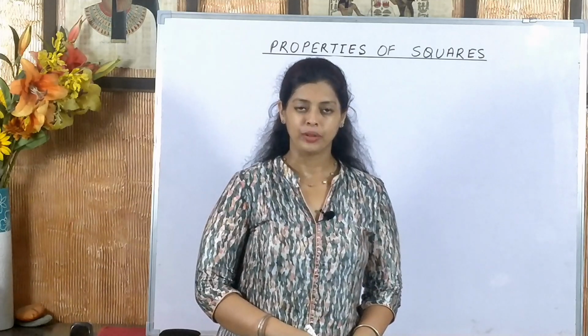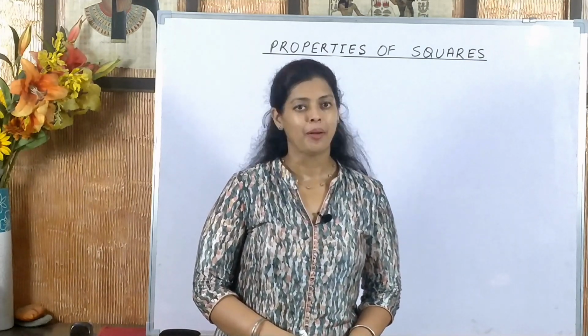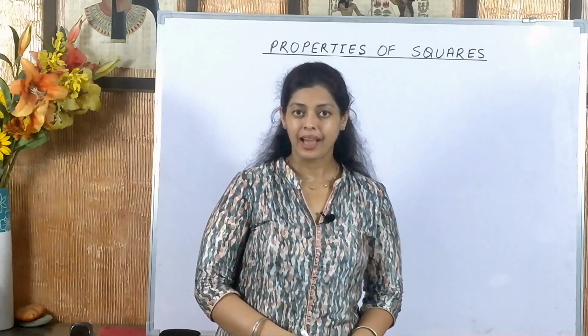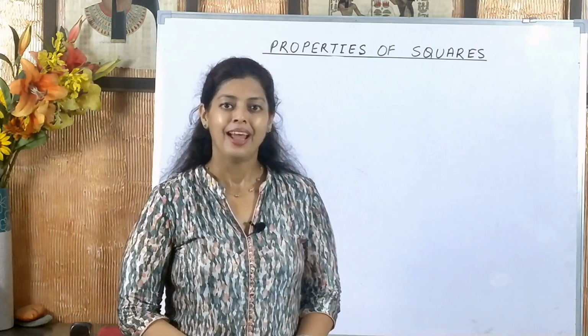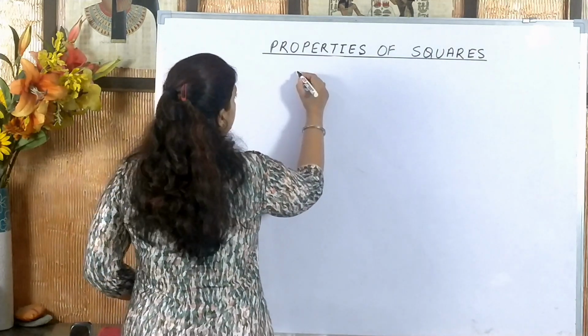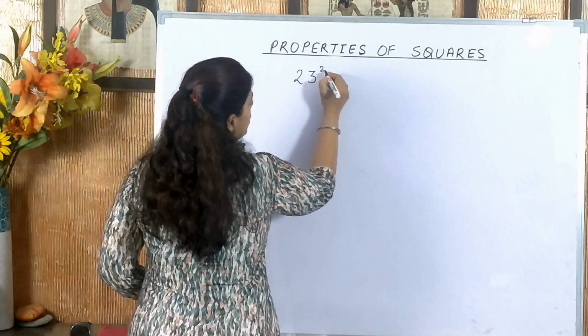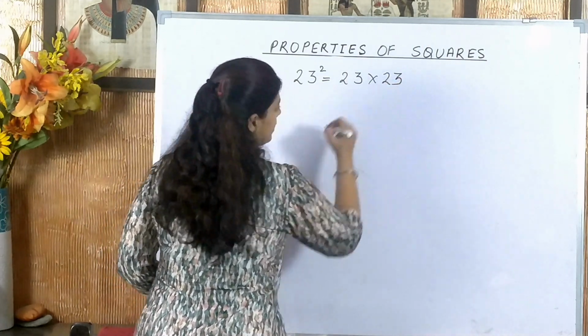We already know that we can find the square of a number by actually multiplying the number by itself. But is there another way to find the square without actual multiplication? Let us try to find out the square of 23. Normally 23 square will be equal to 23 multiplied by 23.